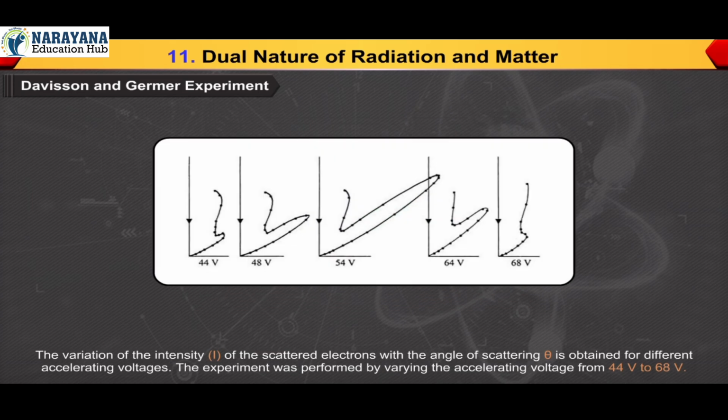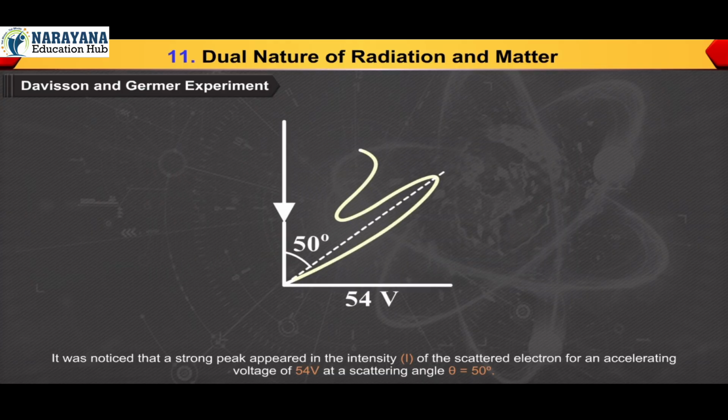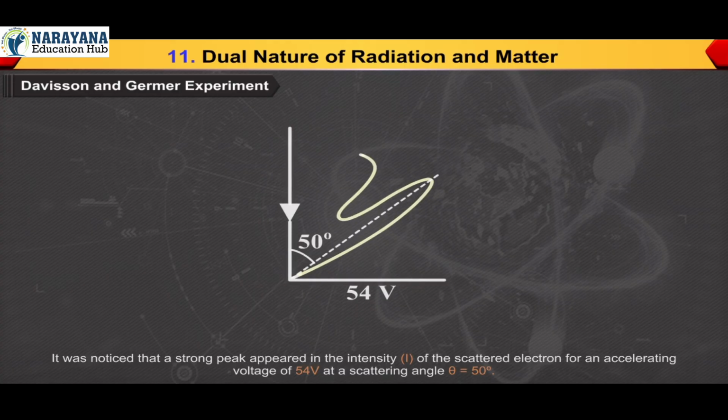The experiment was performed by varying the accelerating voltage from 44 volt to 68 volt. It was noticed that a strong peak appeared in the intensity I of the scattered electrons for an accelerating voltage of 54 volt at a scattering angle theta = 50 degrees.